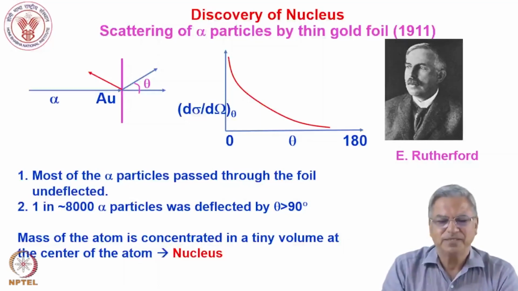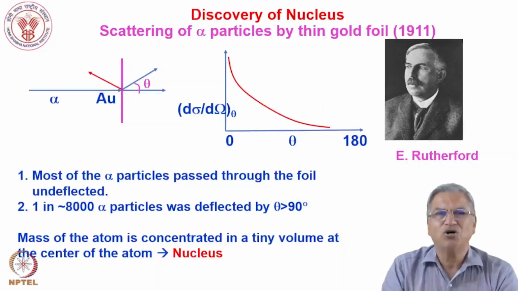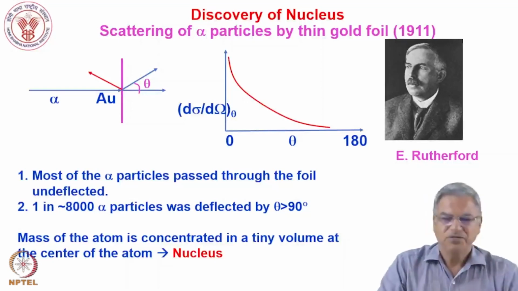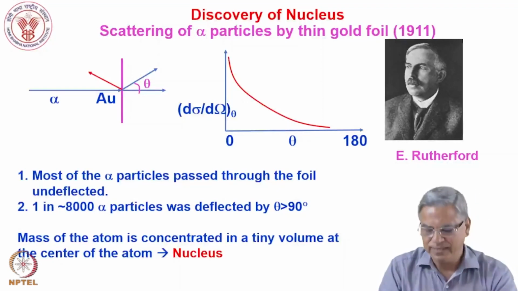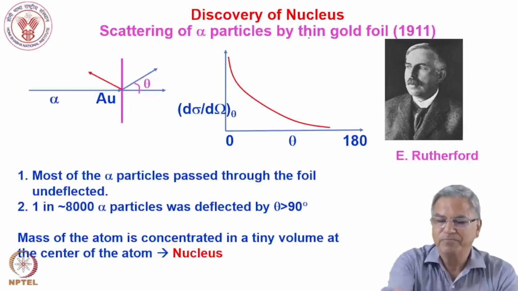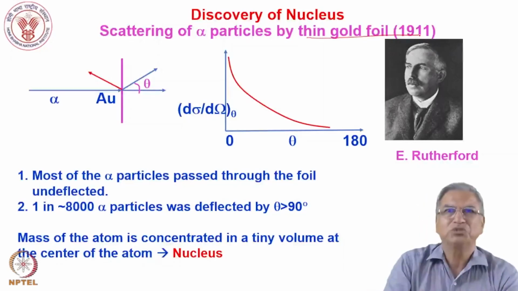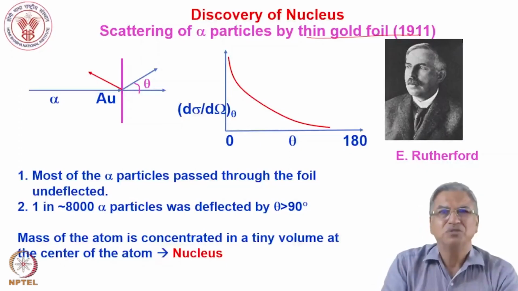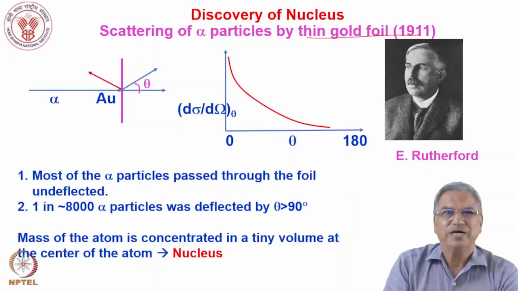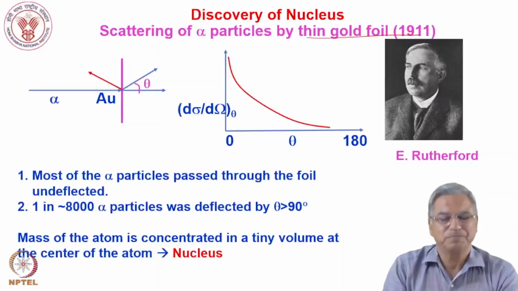In fact, the experiment of Rutherford involving the scattering of alpha particles by thin gold foil in 1911 was a milestone discovery which ultimately led to the idea about the structure of the atom.